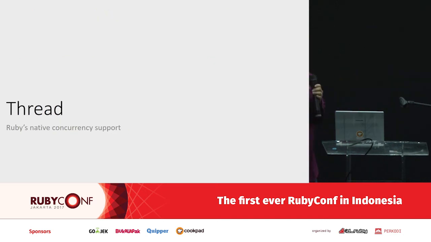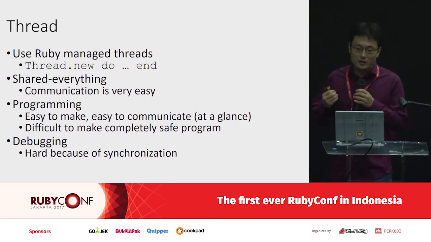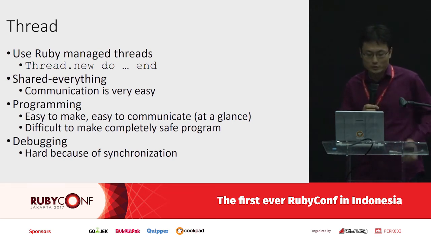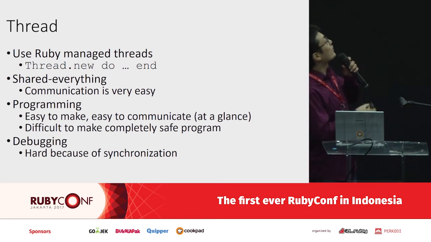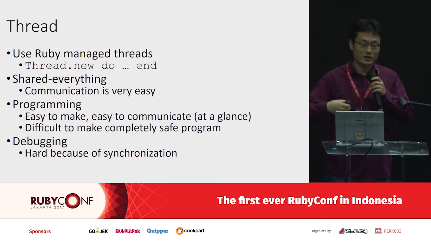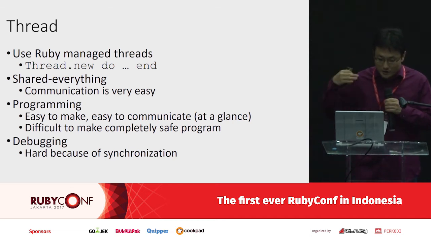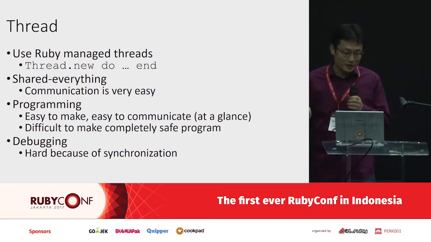Next is Thread. Thread is Ruby's native concurrency support. If you make a thread with a block, then the block runs concurrently. In this model, the characteristic is that it shares everything.